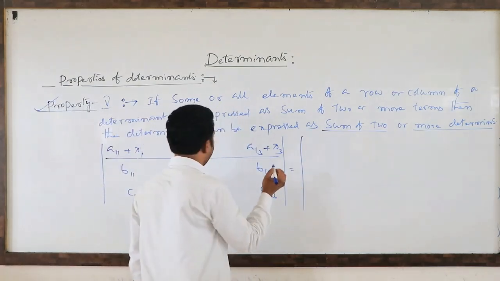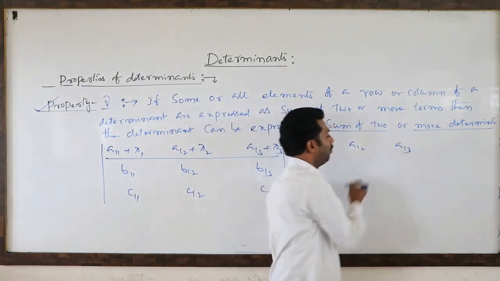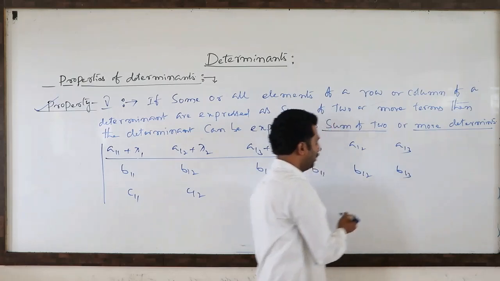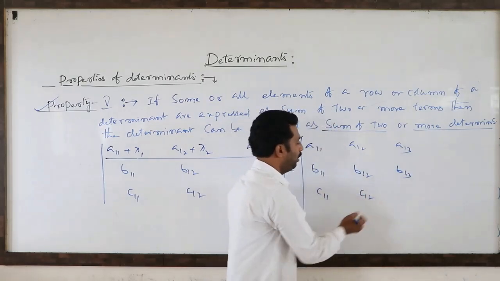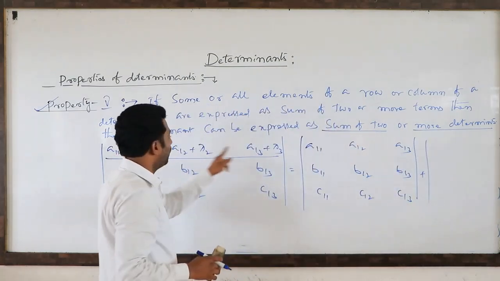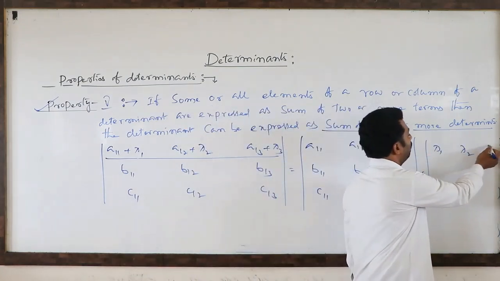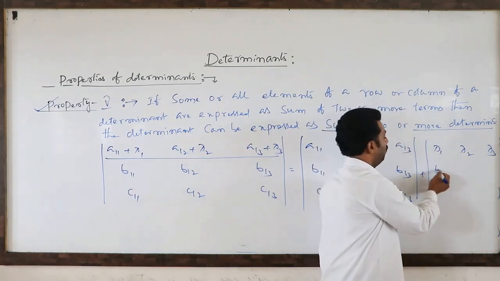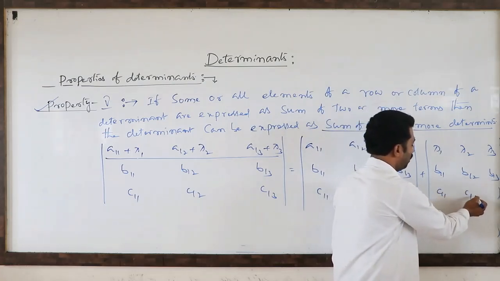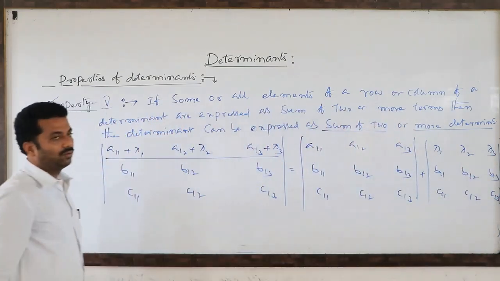This is the determinant with rows a11, a12, a13; b11, b12, b13; c11, c12, c13, plus. For all the first elements are written. Then the second elements: lambda 1, lambda 2, lambda 3; b11, b12, b13; c11, c12, c13. Like that we have to express.